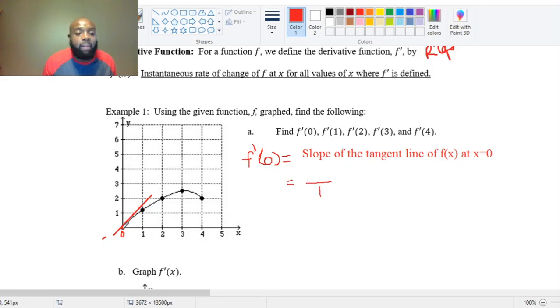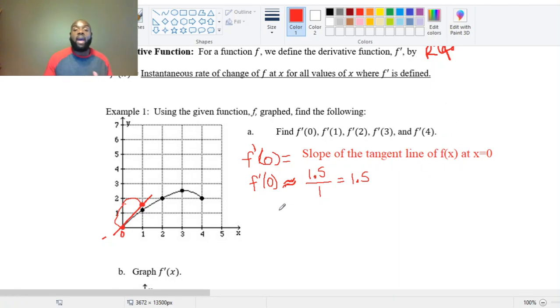In order for me to go 1 running unit to the right, I got to get to that point right there. So I go up about 1.5, and I go to the right 1 unit. So 1.5 divided by 1 is 1.5. So f prime of 0 is approximately equal to 1.5, right? It's the slope of your tangent line.